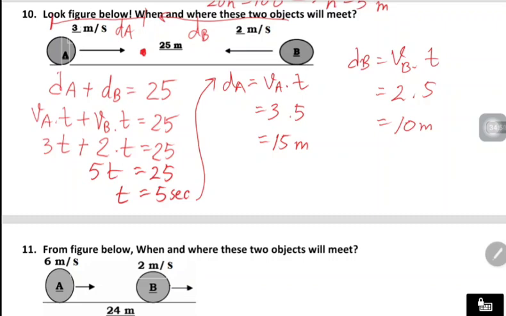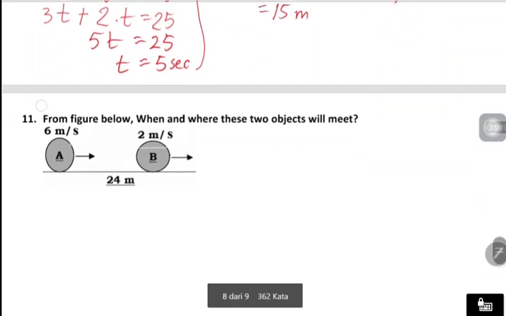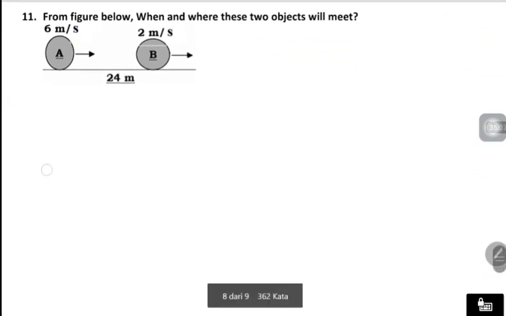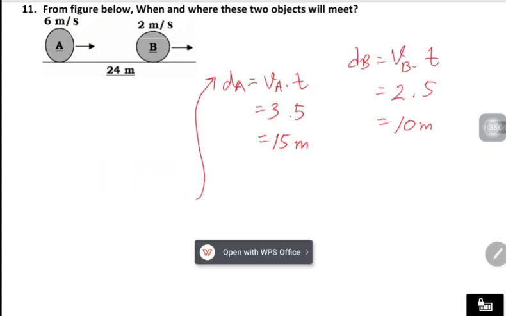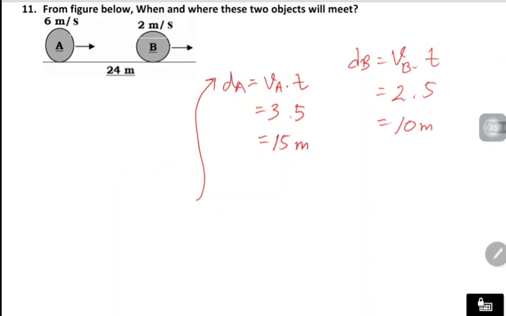Next question, number 11. From the figure below, when and where will these two objects meet? Object A moves to the right side.